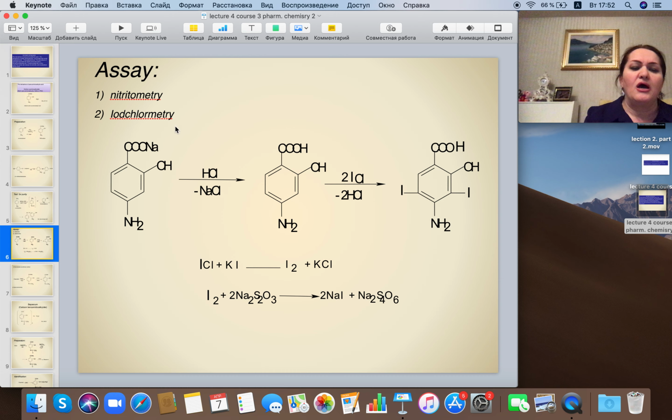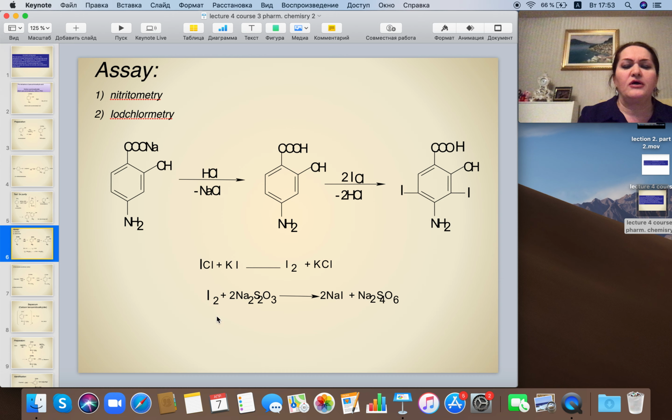And the second method of quantitative determination of this preparation, sodium PAS, is the iodochlorometric method, and you can see this method on this slide. At the end of the reaction, iodine derivatives of this preparation form, and iodine chloride with potassium iodide gives iodine.